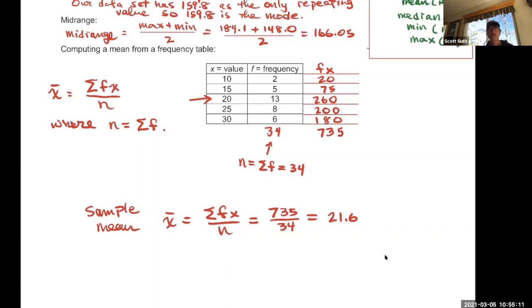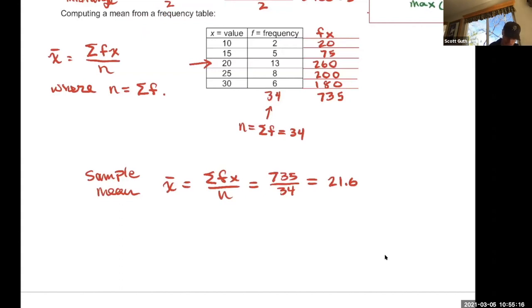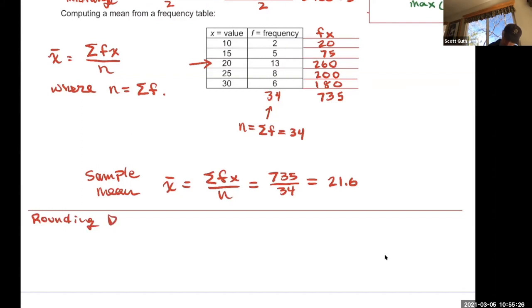Okay, so that's pretty simple. And then let's add our rounding rule real quick here underneath. This will be for averages, and then later it'll be for standard deviation also. Standard deviation later.